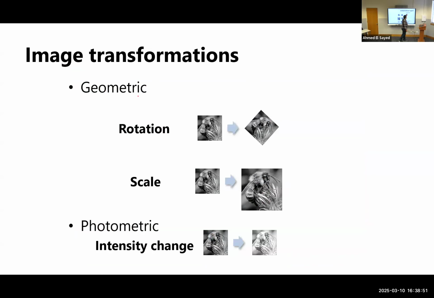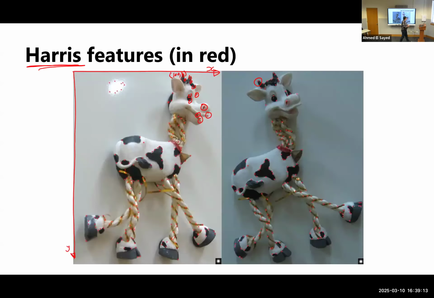One is called geometric transformation, which includes rotation and scaling. The other is called photometric transformation, which includes intensity change. Here in this example, do we have both or one of them? Actually, we have both. This one was captured in highlight, and this one is darker. So we have an intensity change in the image.